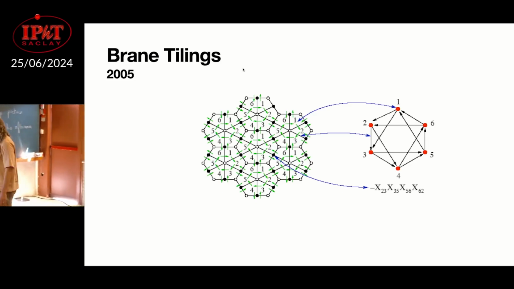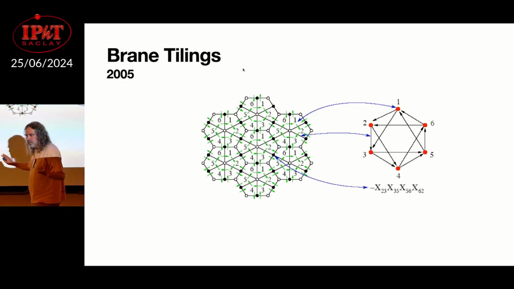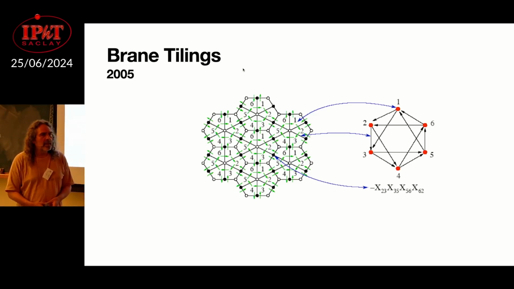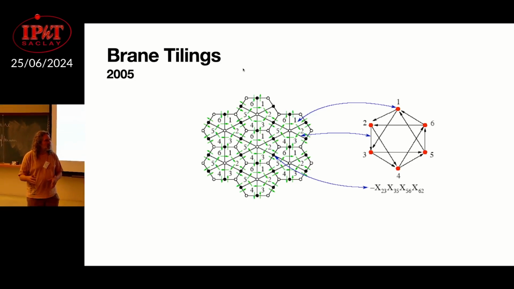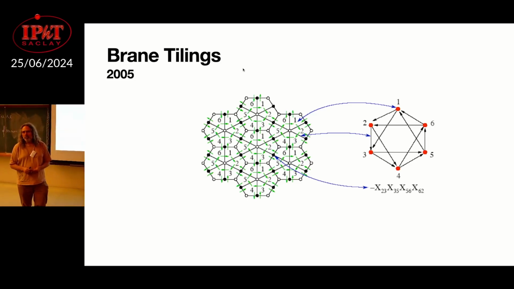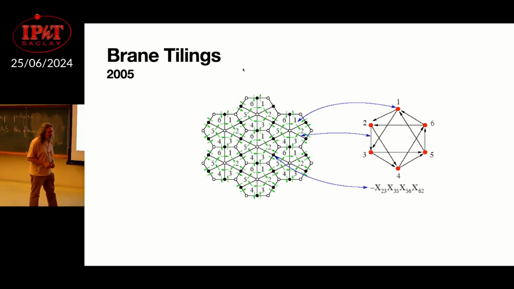Okay, so this actually was a great success, because now I could take any tiling that I wish. I could take it to be made out of hexagons, of squares, a combination of hexagons and squares. I can take it to be doubly periodic, so I tile a torus, and then for each such thing I will get a quiver and a superpotential.